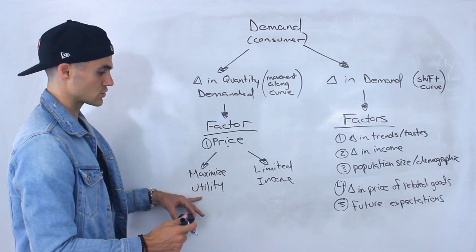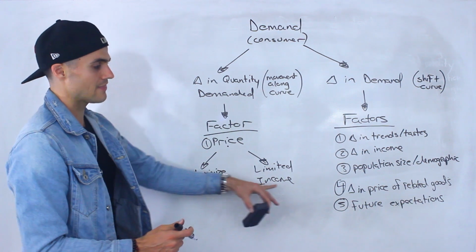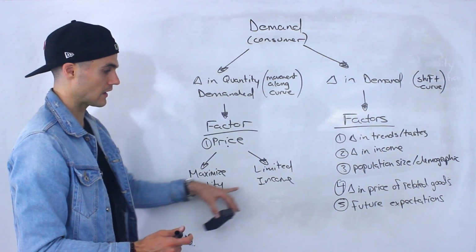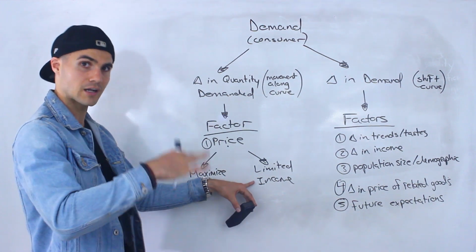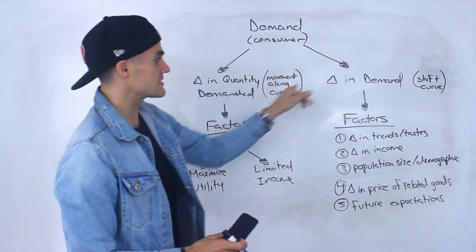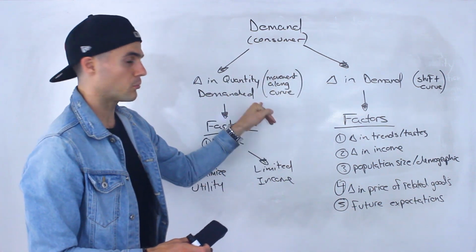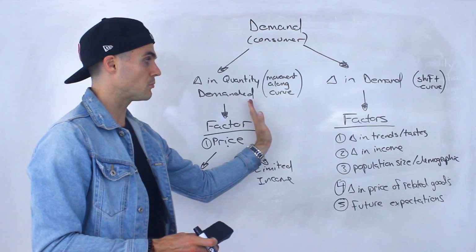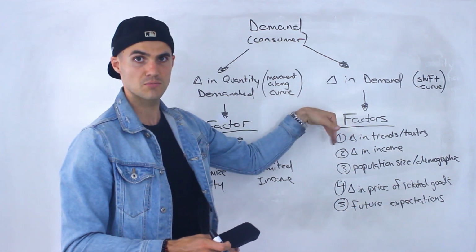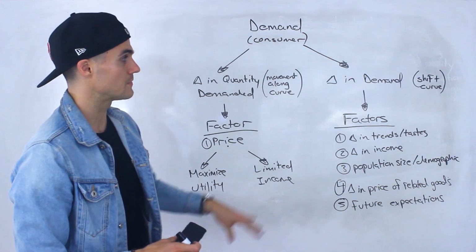And then we dug in a little bit deeper into why that law of demand exists. It was because a consumer is trying to maximize utility and they have limited income. So we talked about diminishing marginal utility here, and then under limited income, we talked about the income effect and substitution effect. And then a change in demand, instead of moving along the curve from point to point, we can take all the points and shift them right or left. So a shift right is an increase in demand, shift left is a decrease in demand.